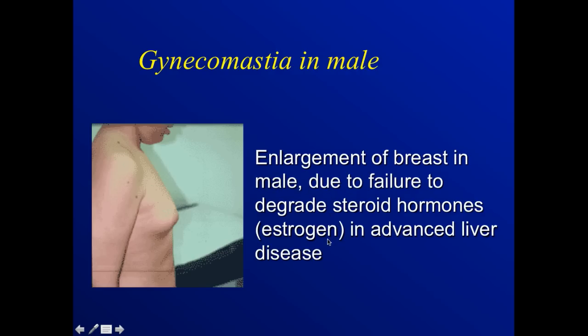Males have a little bit of female steroid hormones, not much, but they will be excreted by way of the catabolism of the steroid hormones. But when there's something wrong with the liver, it cannot catabolize, so that small amount of female steroid hormones will be accumulated in the body.